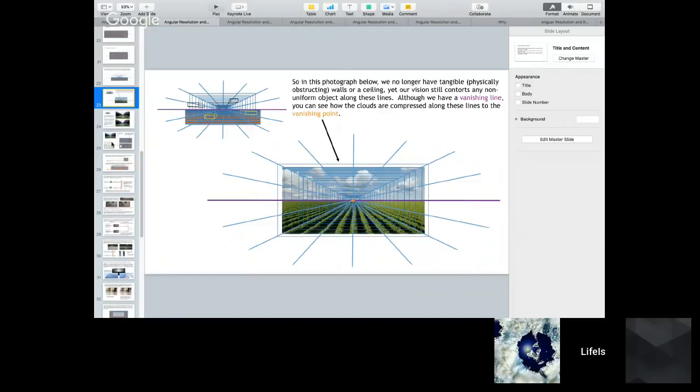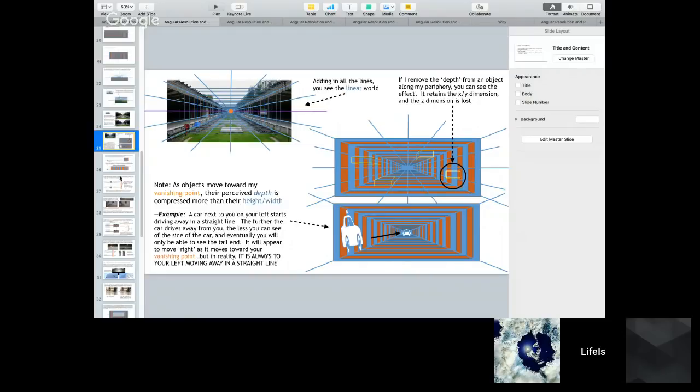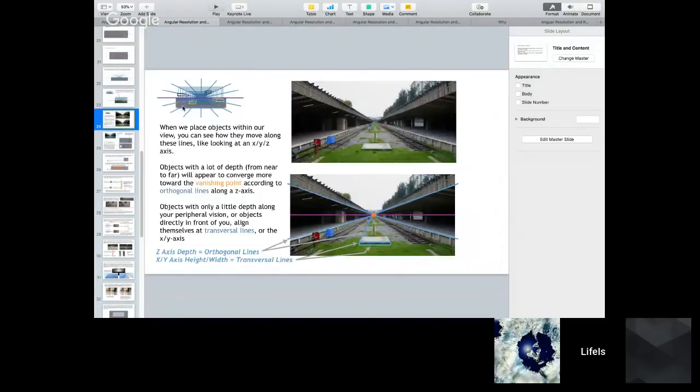Anyway, I don't want to keep people too late, but here it is. Perspective: just look at this subway or rail station. You can see everything going on in this photo. Here are your orthogonal lines, all going to a distant vanishing point.